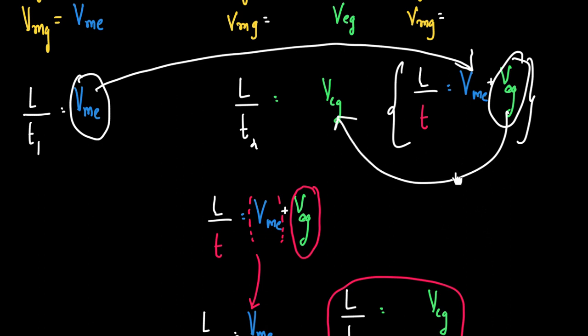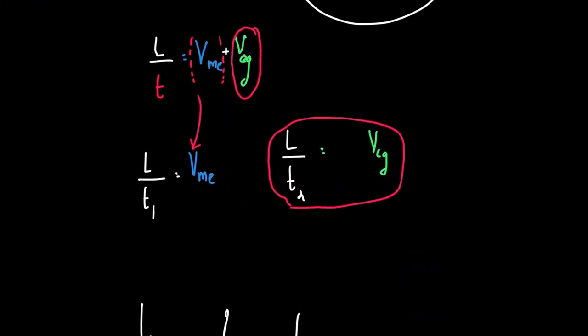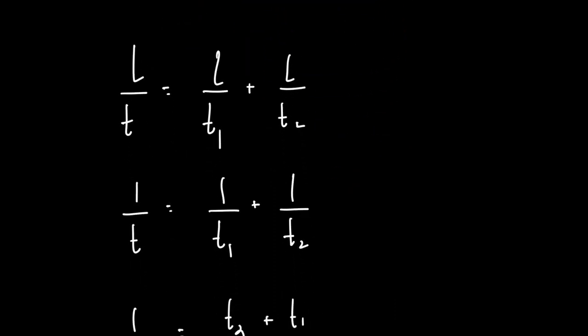So what we get is Vme as L by T1, Veg as L by T2 into this equation. L by T is equal to L by T1 plus L by T2. Dividing this complete equation by L, 1 by T is equal to 1 by T1 plus 1 by T2.